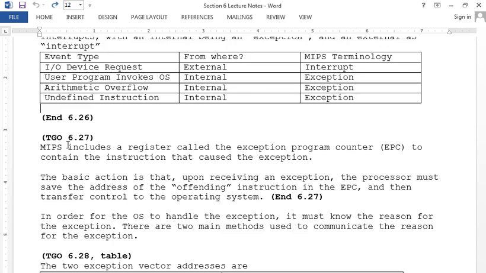Perform a series of load and store operations. We're not going to really go into this much detail in this course. What's happening is the operating system is going to take all the values from your current registers and swap them out. It's going to perform a set of store operations, and then it's going to check to see how it can fix the exception.